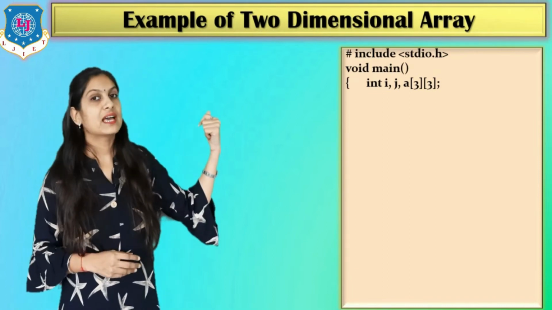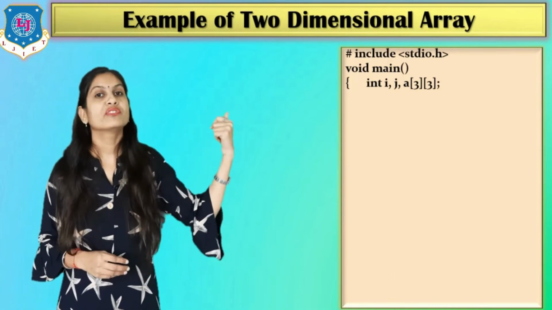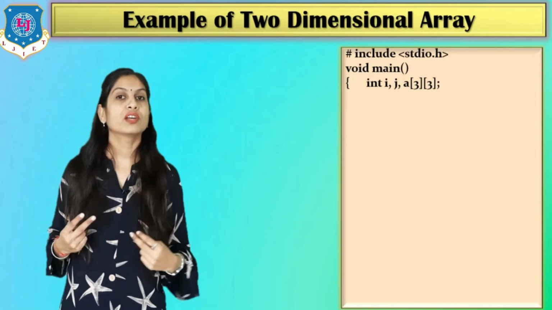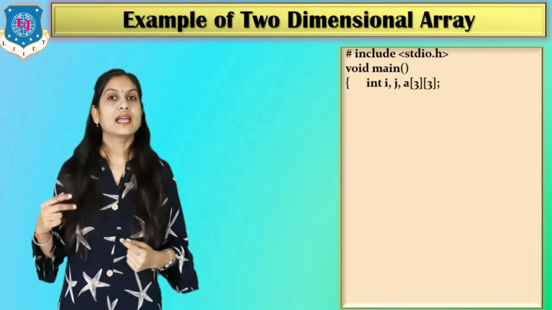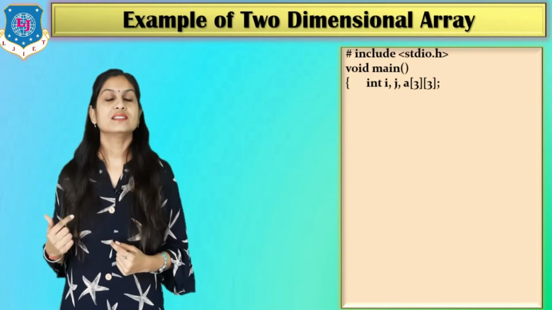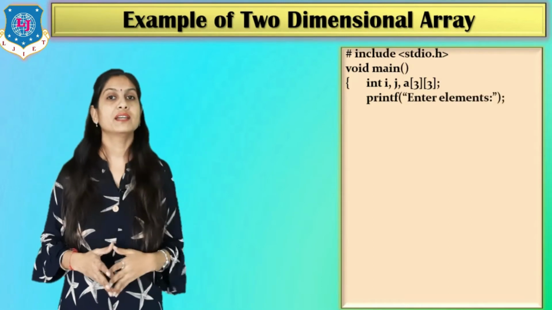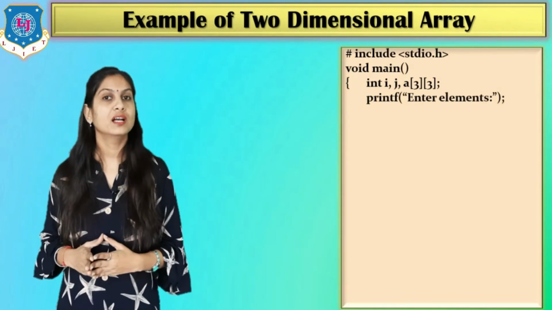Always the declaration of a two-dimensional matrix is integer A of 3 3. Clear? And now two variables are needed for the for loops, i and j. I stands for row and j stands for column. Then we have to write the printf function, and the message is like: enter elements for the array.